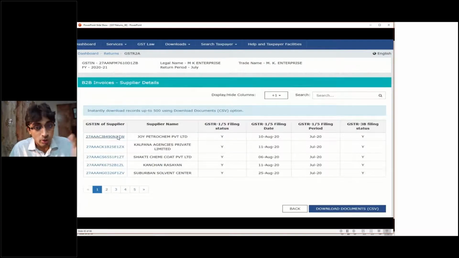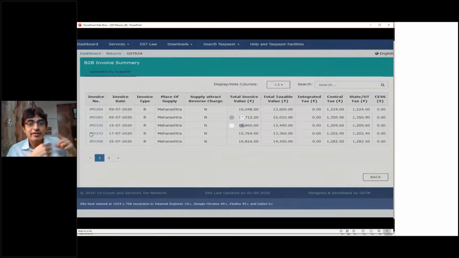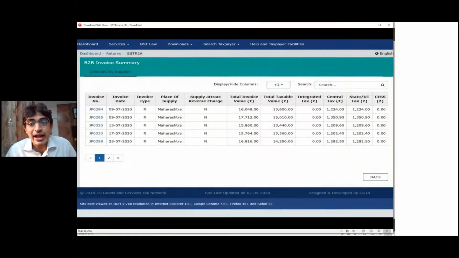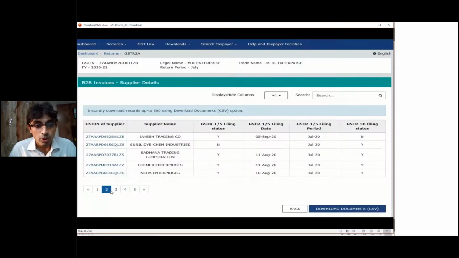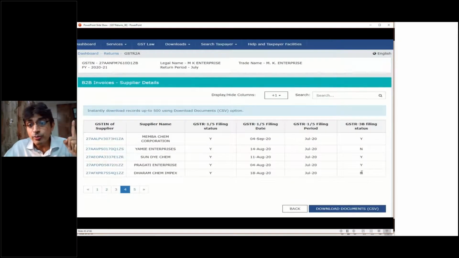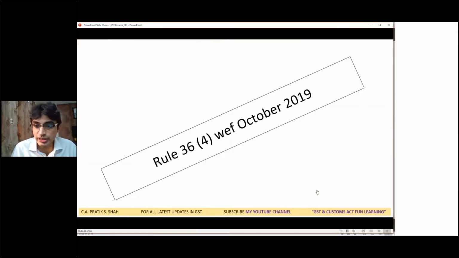There will be a few suppliers who must not have filed GSTR3B. That means you cannot take input tax credit because he has not paid GST to the government. So unless the supplier files GSTR1 and GSTR3B, the recipient cannot avail input tax credit. Clear? This is a facility given for every one of us which we can utilize.